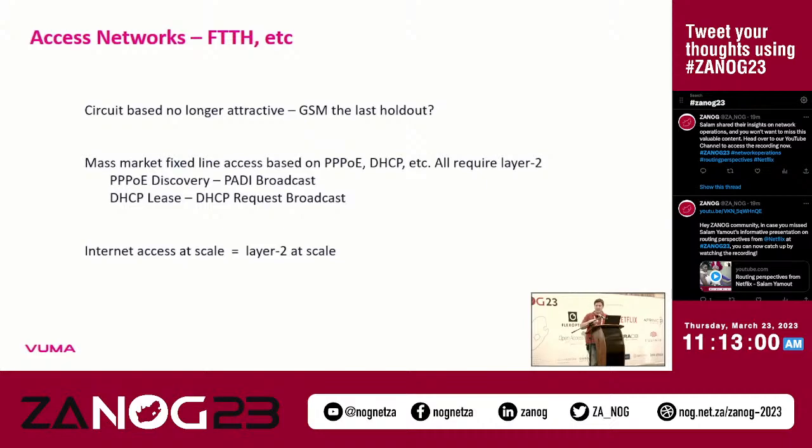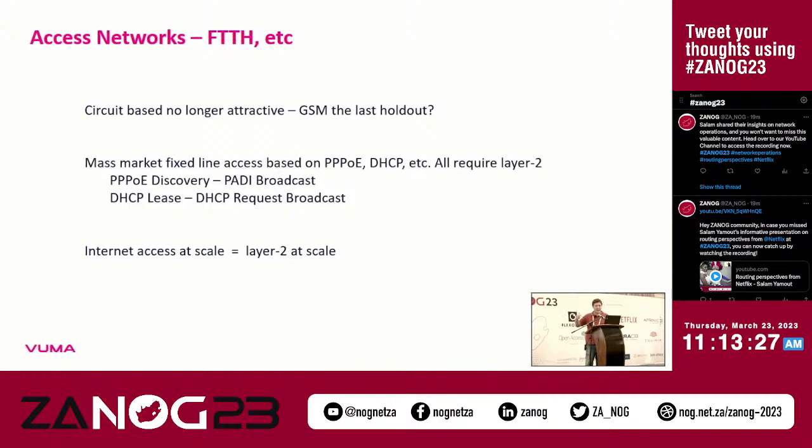Going back to what we said at the beginning, originally layer 2 was a broadcast protocol. And so the protocols that are running over layer 2 networks require broadcast to be able to function. If you can't send a broadcast message over your FTTH provider, the PPPoE discovery, which is the first step in connecting, never gets through, and your ISP can never give you a connection.